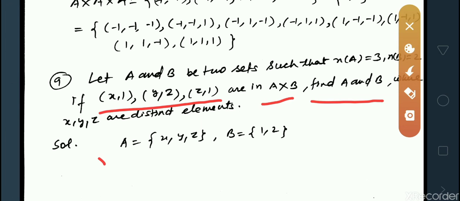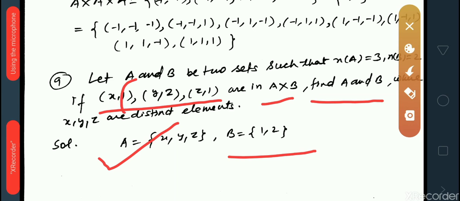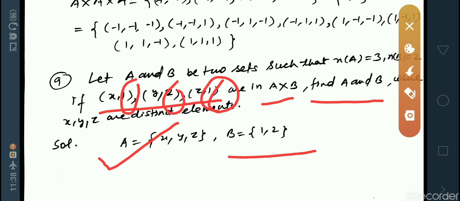So A will have elements x, y, z, and in B there are 2 elements. Here we can see this is 1, this is 2, this is 1. It is a repeat of 1, so we take only once as we did in sets. So B has 2 elements, that is 1 comma 2.